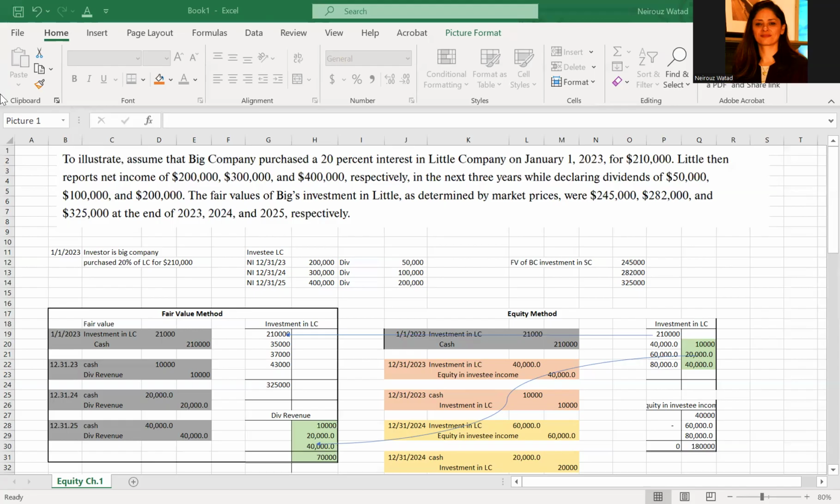Okay, so let's look here. Assume that Big Company purchased 20% interest in Little Company. So that happened on January 1st. Dates are extremely important in accounting. January 1st, 2023.